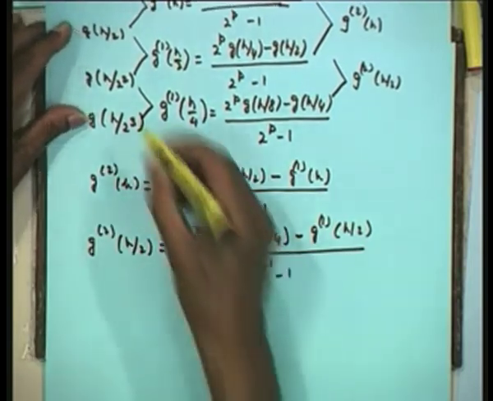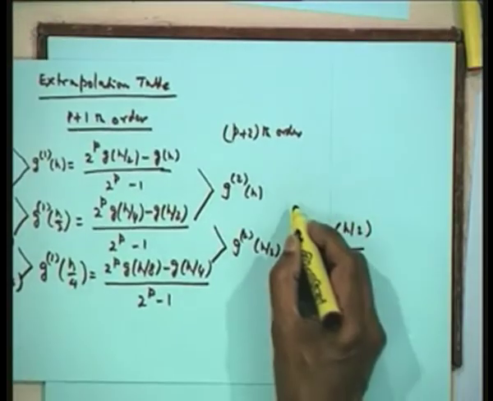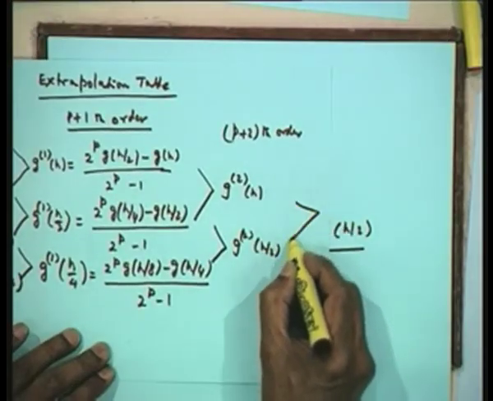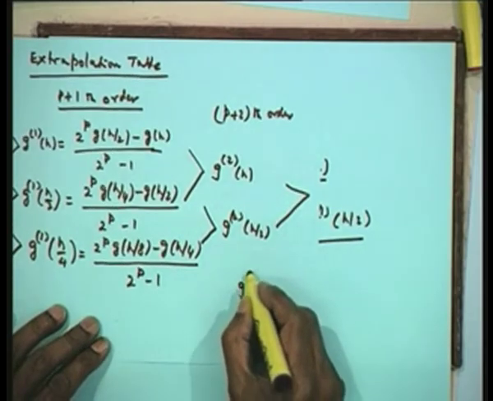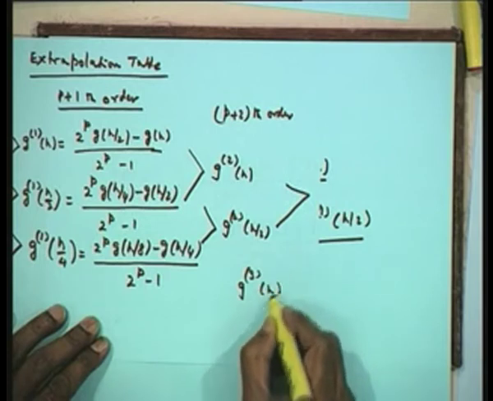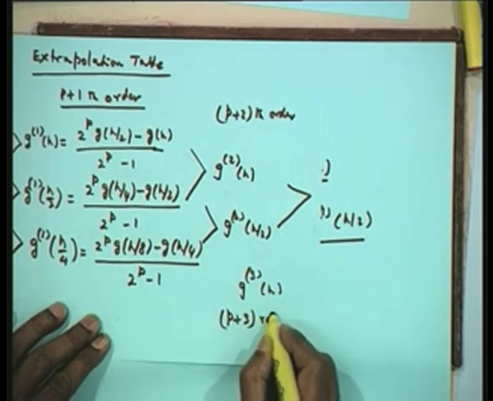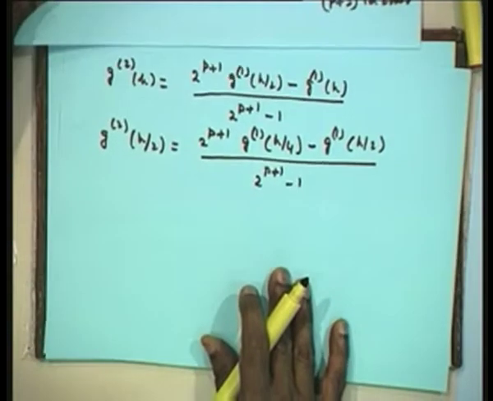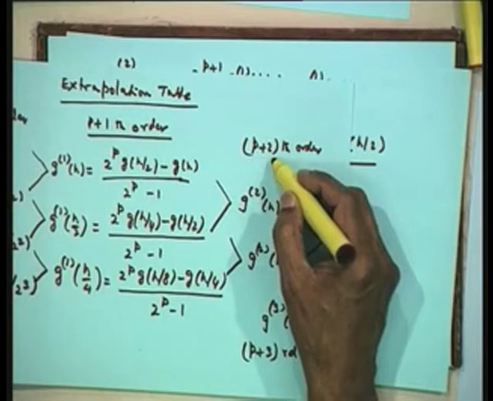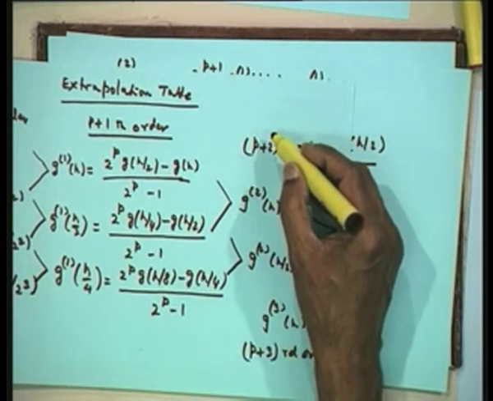Now, depending on the number of computations that we have done, we can complete the table until we get one value. Now, I can use these two and then get, I will write it here, g 3 of h, which will behave like a p plus 3rd order formula, where now we are eliminating the method of order p plus 2, that is order of h to the power of p plus 2.